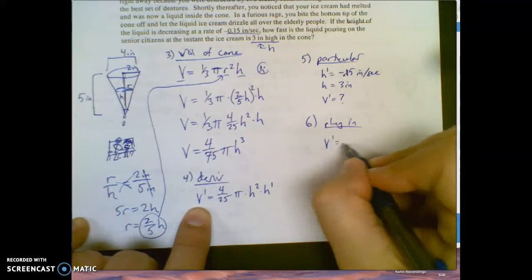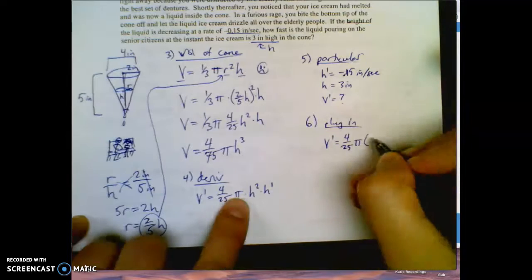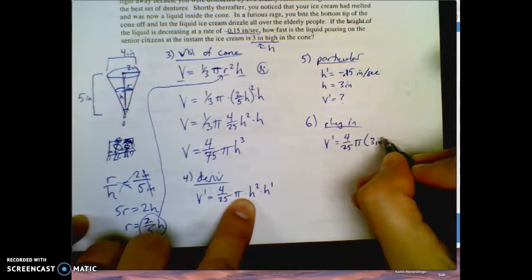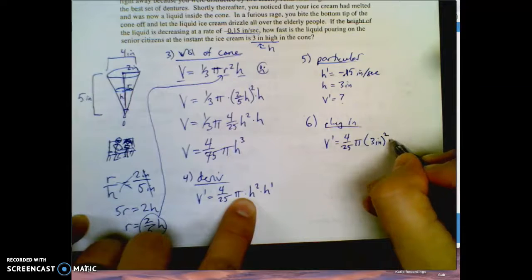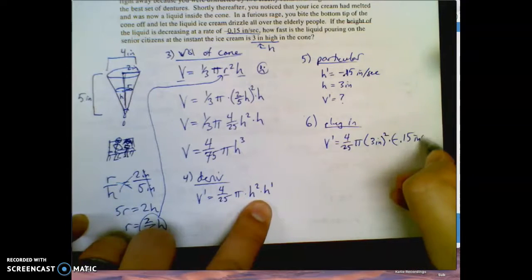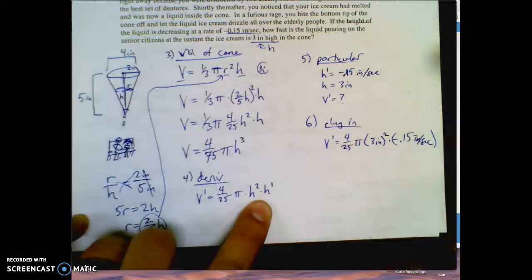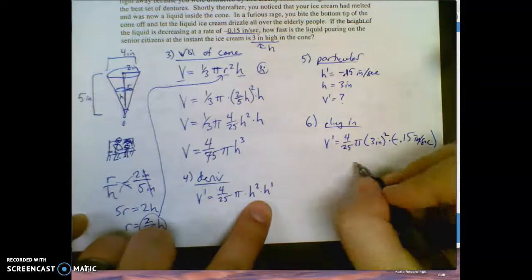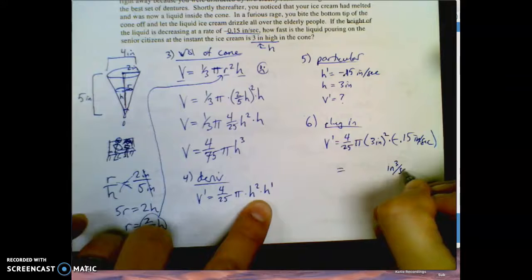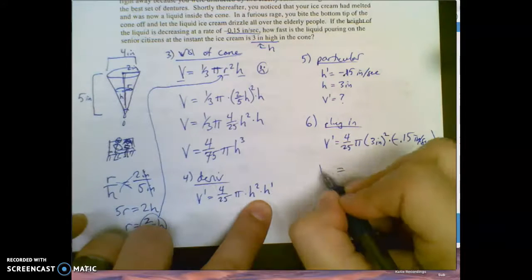So V prime equals 4 over 25 times pi times height squared. That would be 3 inches squared times h prime, which is negative 0.15 inches per second. So I multiply that out, I'm going to get inches cubed per second, which is cool, because that sounds like a volume change, right?